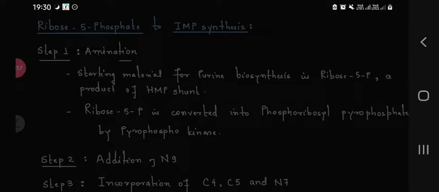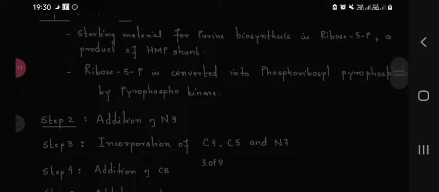Amination. Starting material for purine biosynthesis is ribose 5-phosphate, a product of HMP shunt. Ribose 5-phosphate is converted into phosphoribosyl pyrophosphate by pyrophosphokinase.